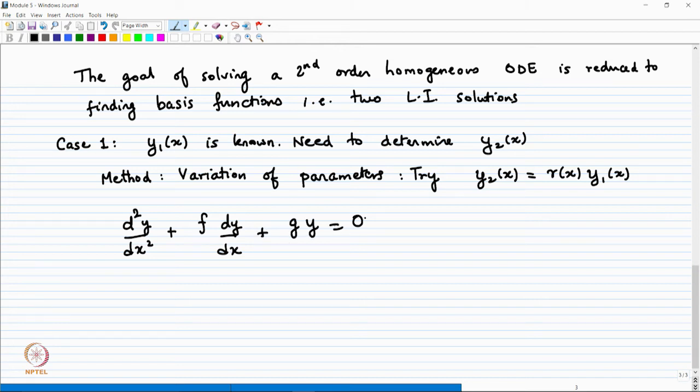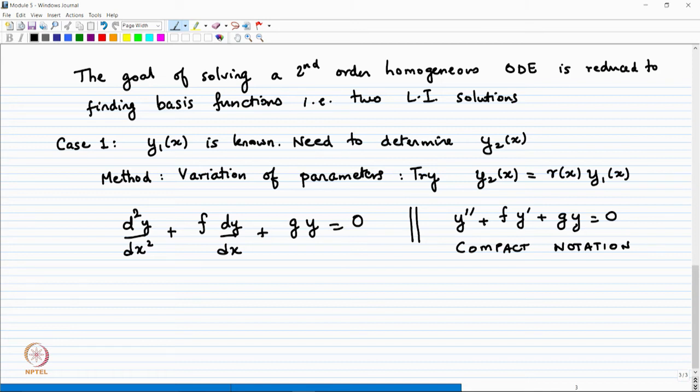There is also an alternate notation, which you will find very common: y double prime plus f y prime plus g y equal to 0. I will be using both these notations during this course. This is compact notation, and you will also find it often used in various books.